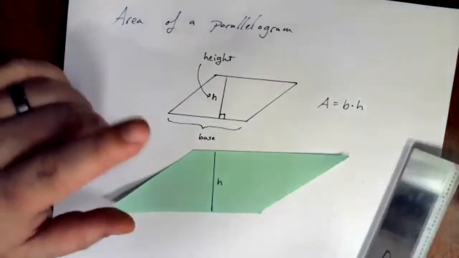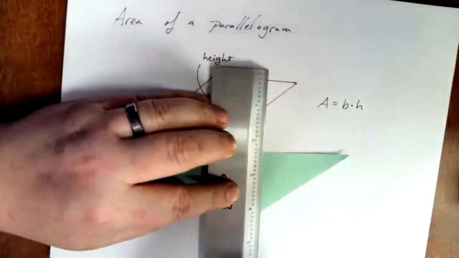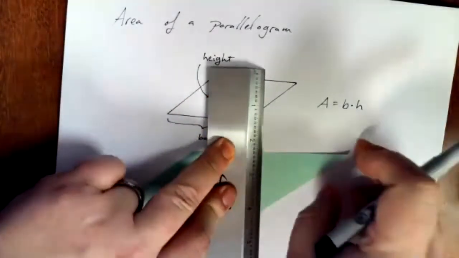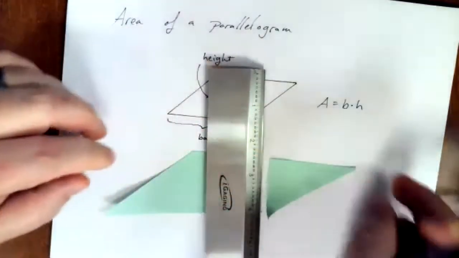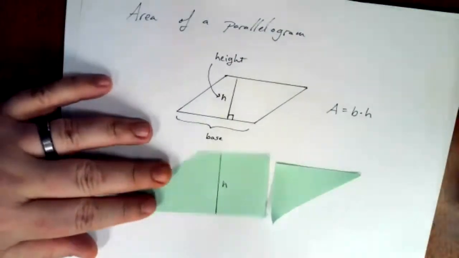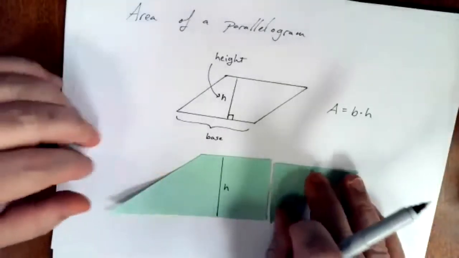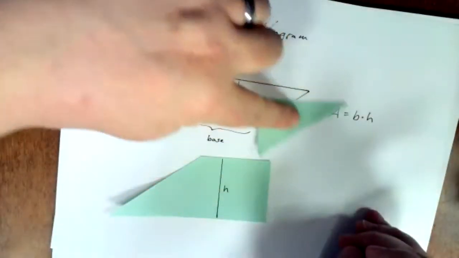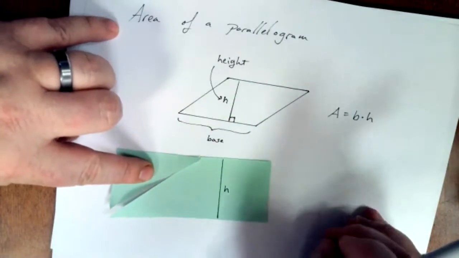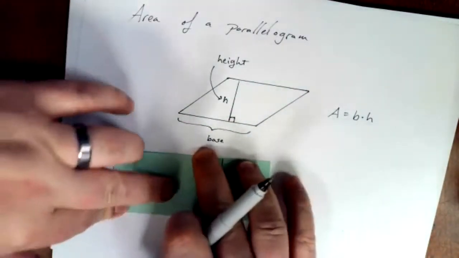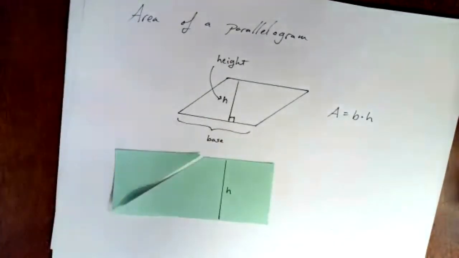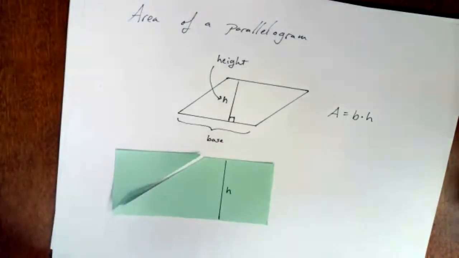Here's why. If I take my parallelogram and cut off this triangle, I still have the same amount of paper. I just cut it, and then I take this over here. Let me get a piece of tape so that it looks right.